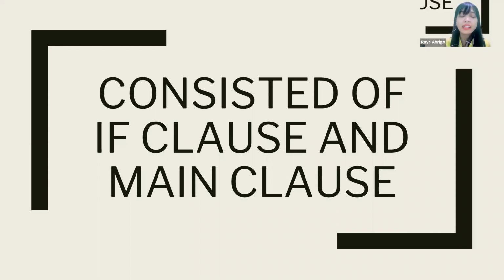On the other hand, the if clause or the subordinate clause, also known as the dependent clause, is typically introduced by a conjunction that forms part and is dependent on the main clause. So, unlike the independent clause, this kind of clause cannot stand alone.